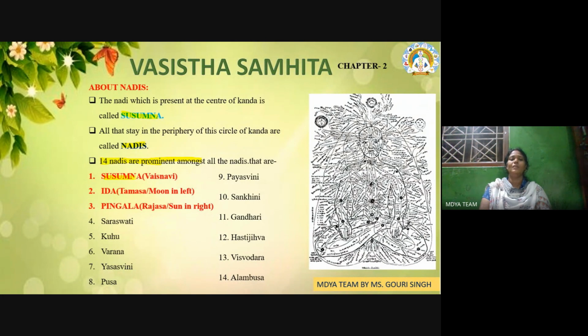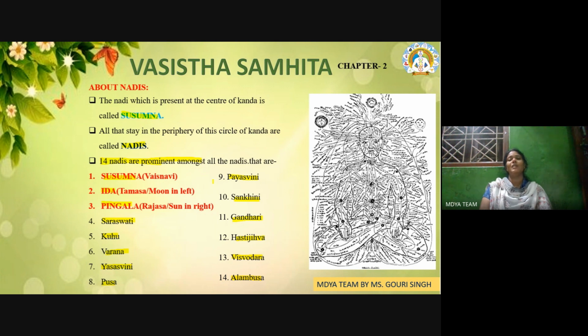First is the Susumna, second the Ida, third the Pingala, fourth Saraswati, fifth Puhu, sixth Barana or Barani, seventh Yashasini, eighth Pusa, ninth Payashini, tenth Sankhini, eleventh Gandhari, twelfth Hastajiva, thirteenth Viswadhara, and fourteenth Alambusa. These are the 14 most prominent nadis among the 72,000.